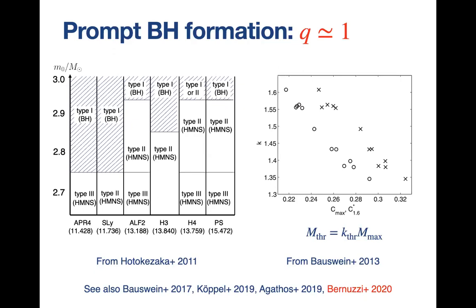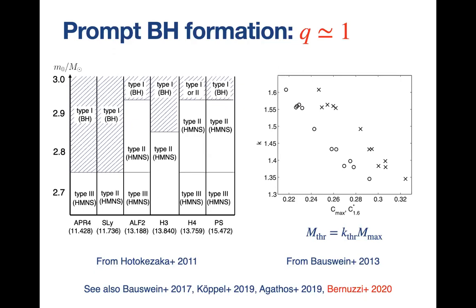Focusing on the electromagnetic counterpart, why do we care about prompt black hole formation? We care about it because we think that, at least for equal mass systems or comparable mass systems, prompt black hole formation implies no EM counterpart. So in other words, we have a hope that when we have a sufficient number of observations and follow-up measurements of detections or non-detections of electromagnetic counterparts, we'll be able to pinpoint this threshold mass experimentally or observationally.